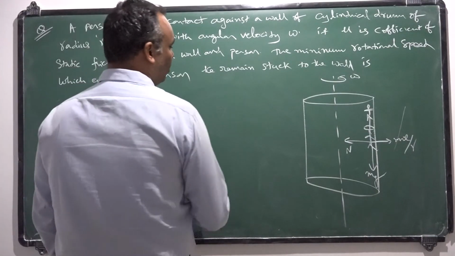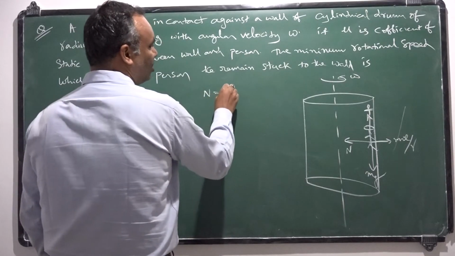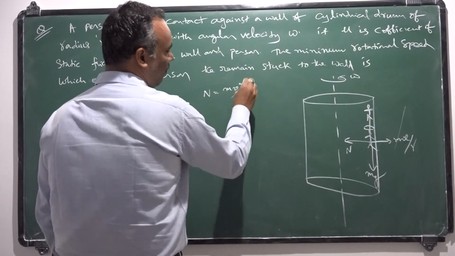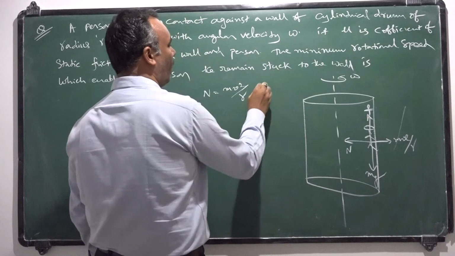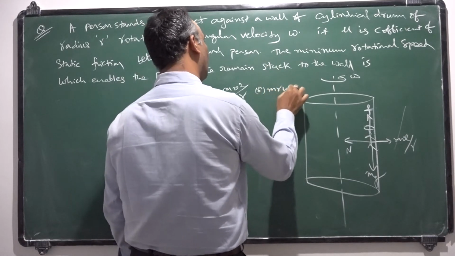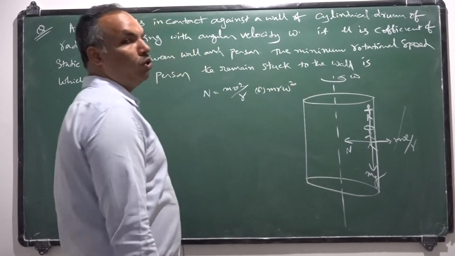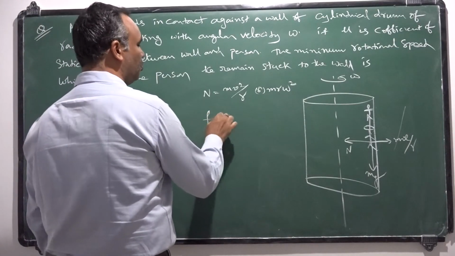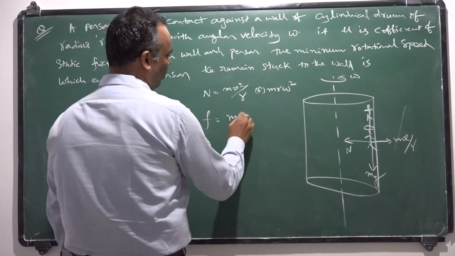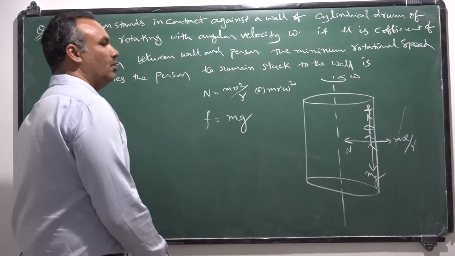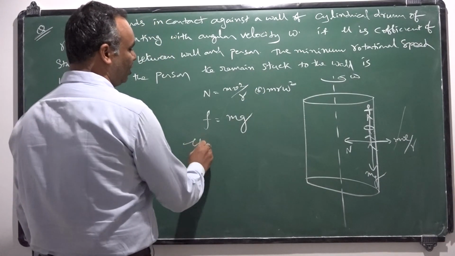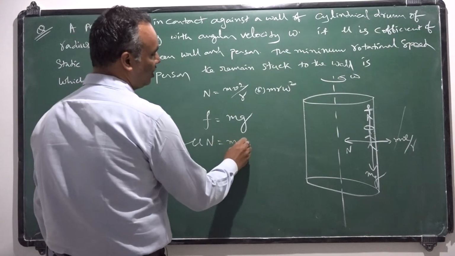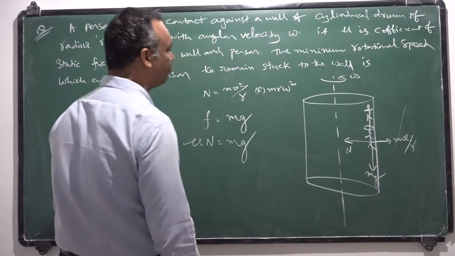Compulsorily, the normal reaction must be balanced by mv square by r, or m r omega square, to avoid the skidding, and the frictional force must be balanced by mg. Frictional force means coefficient of friction into normal reaction, that should be balanced by mg.